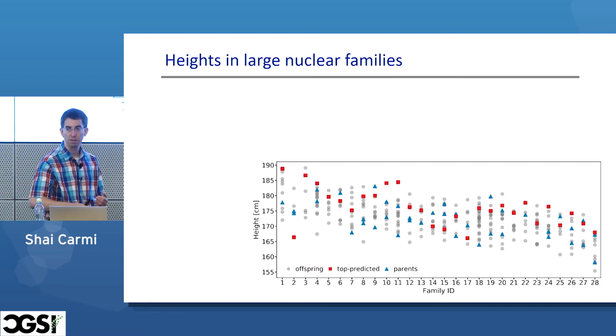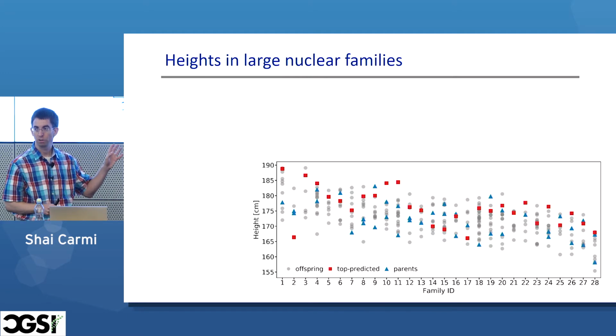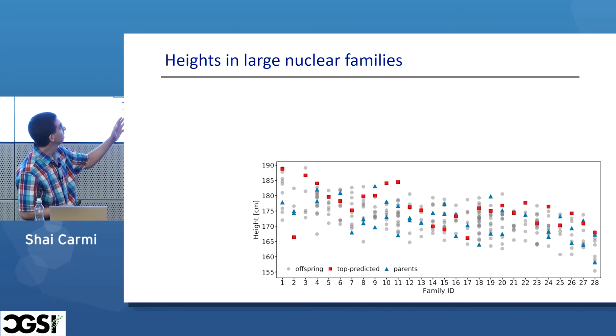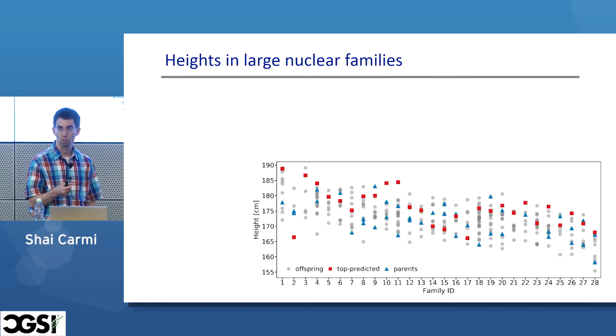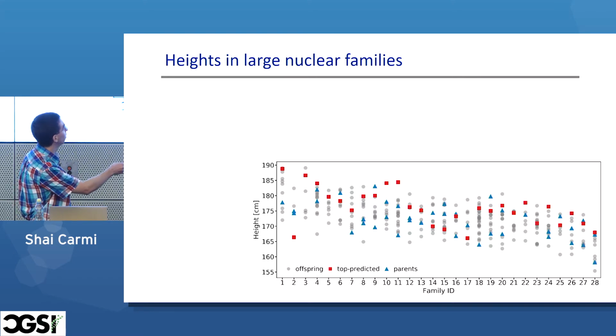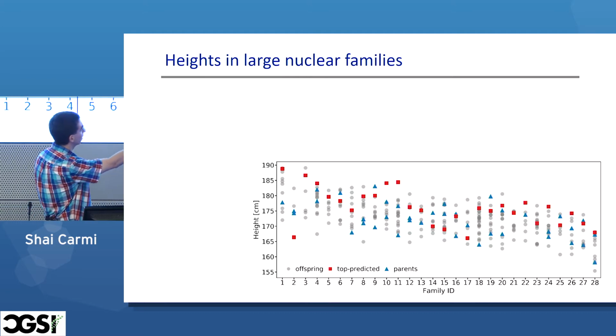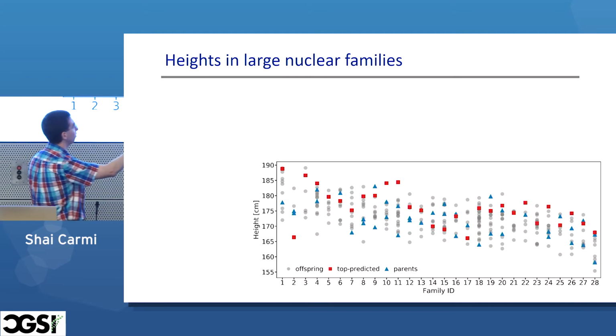So in these families, if these were embryos, say 15 embryos, and we had selected the embryo with the best score, it would have resulted in the tallest child possible. This is true for these two families, for family 22, and a number of other families.